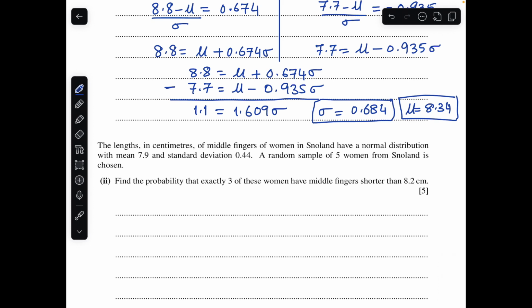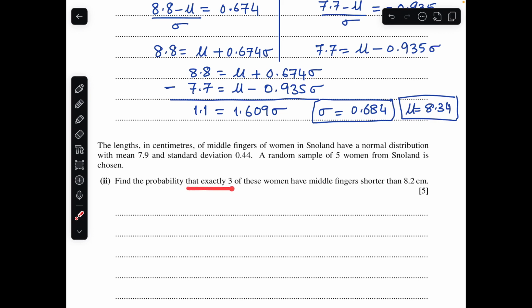The lengths in centimeters of middle fingers of women in Sonland have normal distribution with mean 7.9 and standard deviation 0.44. A random sample of 5 women from Sonland is chosen. Find the probability that exactly 3 of these women have middle fingers shorter than 8.2. So first of all, there are too many things happening over here.